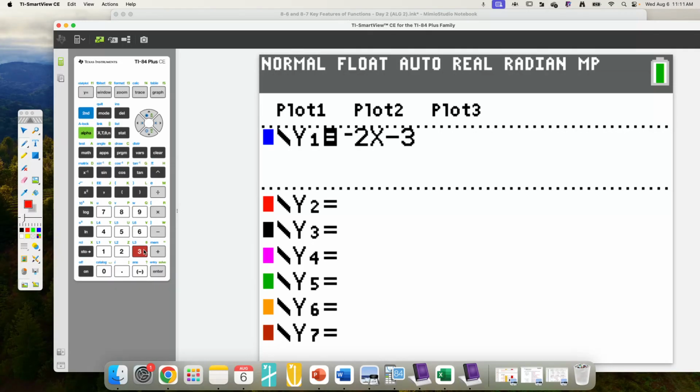Hey, just so you know, if you don't put a negative sign, it's gonna give you an error message. So like right here, if you put the big subtraction sign, it's gonna say error. Just make sure for the negative 2x, you use the itty bitty sign, and then that way it'll graph it for you, okay?